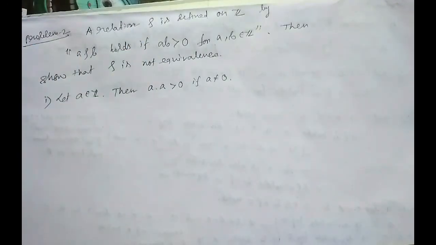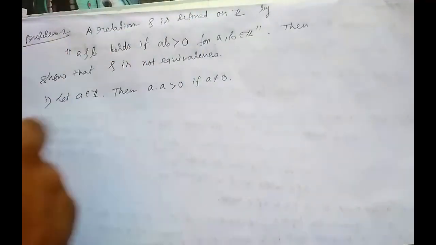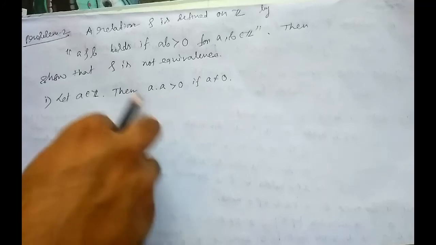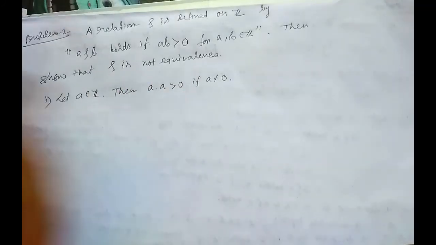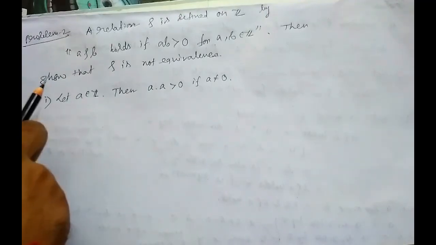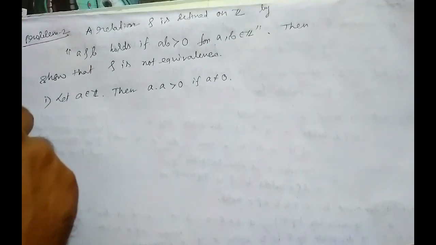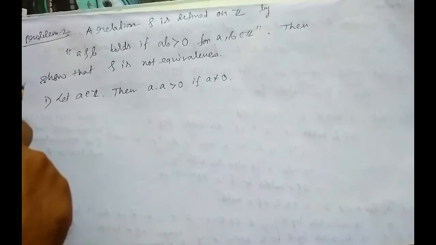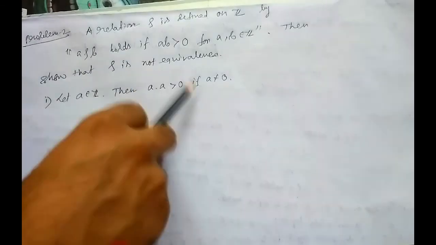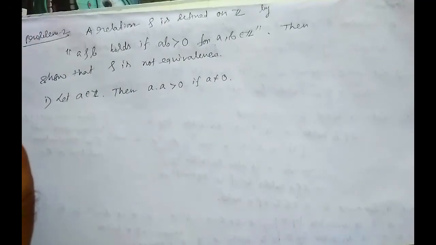But to show rho is reflexive, this relation must hold, that means we have to show that a dot a is greater than 0 for all a belonging to Z. But here, if a is 0, then this relation is not true.